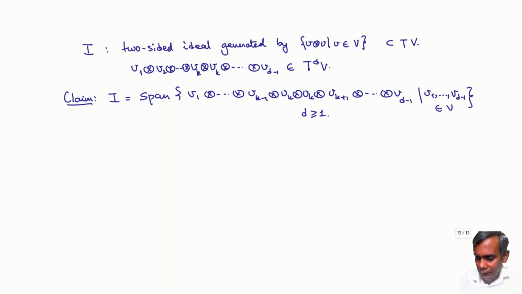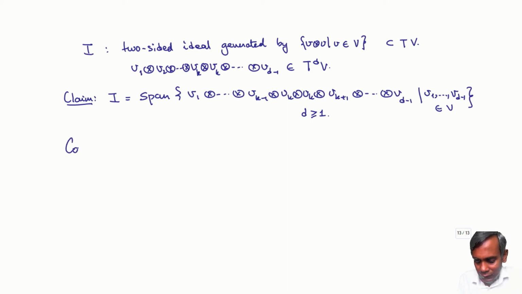And this is easy to see because firstly, clearly I would contain all these vectors because it contains Vk tensor Vk and it's closed under left and right multiplication by elements of TV. And secondly, you just see that this span is actually a two-sided ideal. And so I is this span.